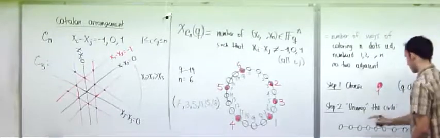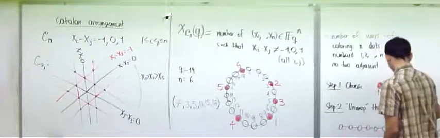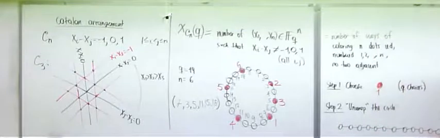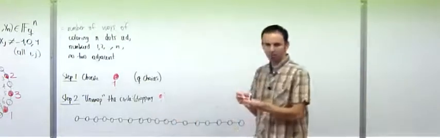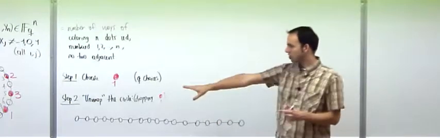You should have chosen a smaller cube. 1, 2, 3, 4, 5, 6, 7, 8, 9, 10, 11, 12, 13, 14, 15, 16, 17, 18. Okay? So I dropped the first red dot, and then I unwrapped my finite field, and now I'm going to introduce the other dots.